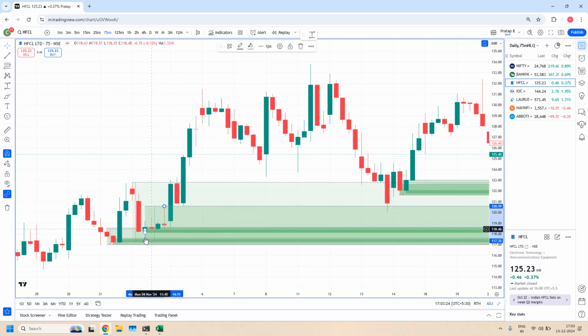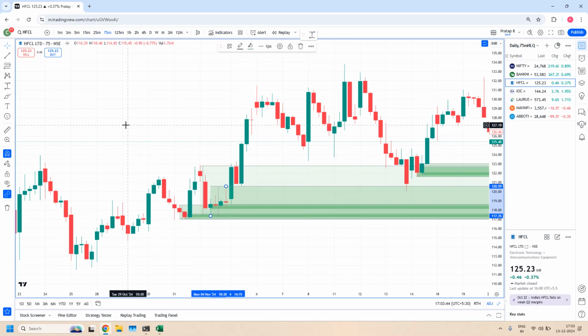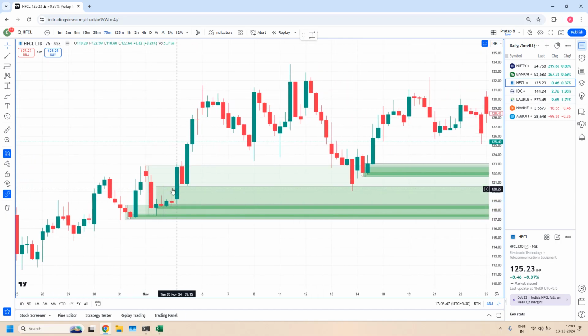This is the 75 minute zone, this fine tuned 75 minute zone inside the daily zone. And this fine tuned 75 minute zone also picked up the orders from this horizon. We have 2 75 minute zones here, LOTL zones. But one LOTL is acting as a horizon to this entire daily zone. But this is within the zone.